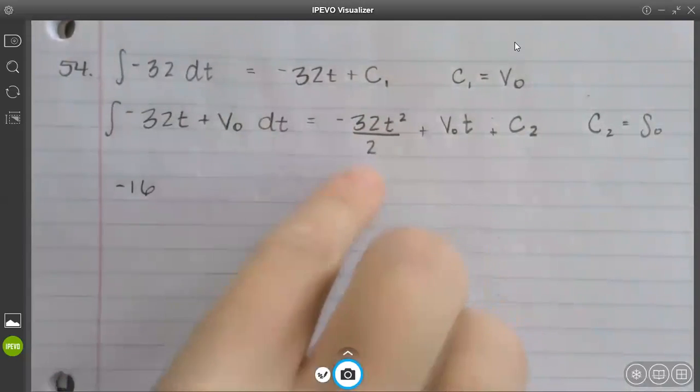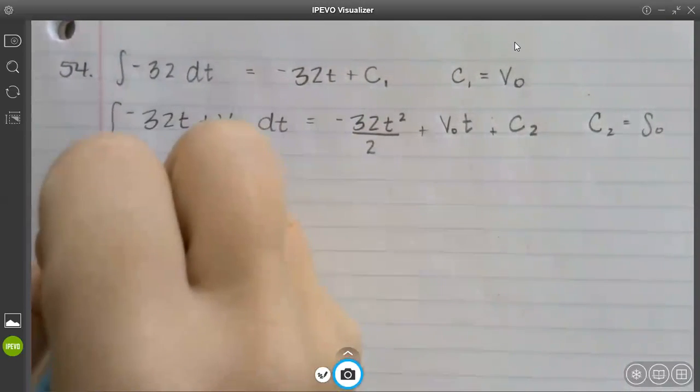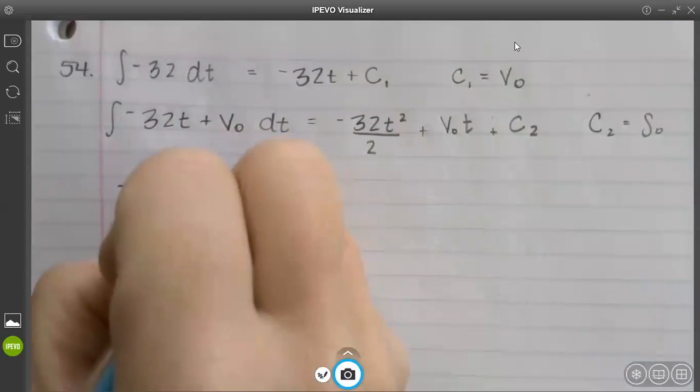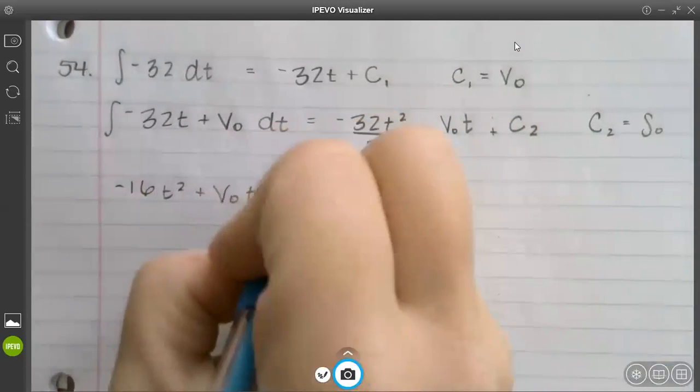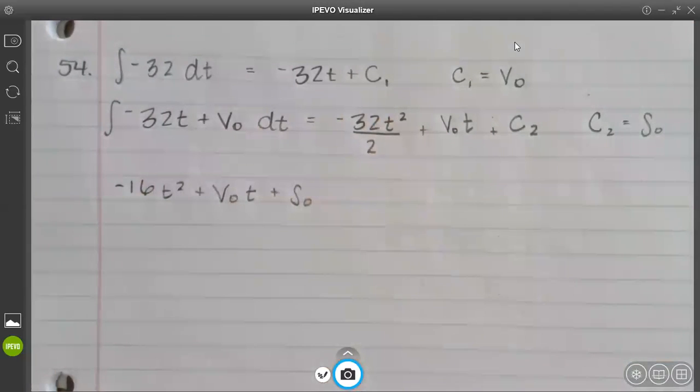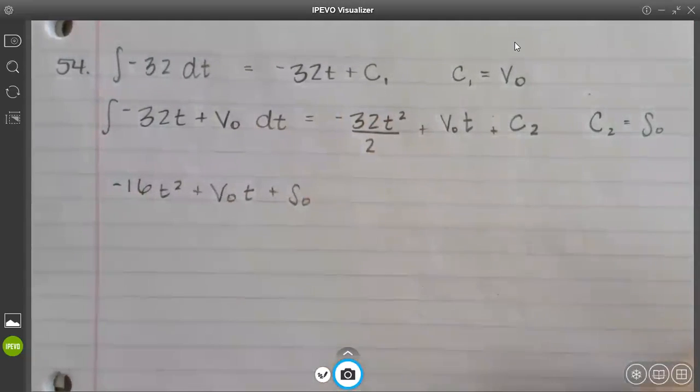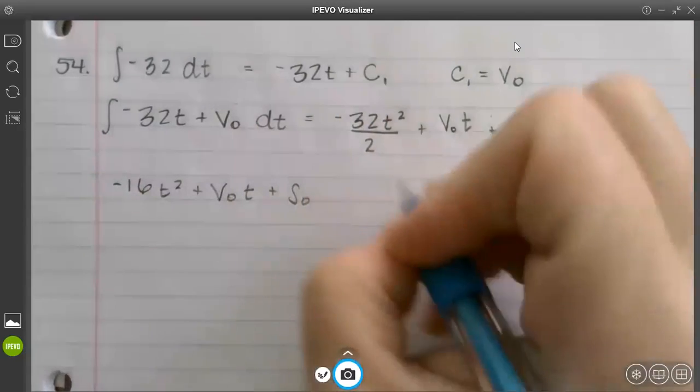So this is the formula you're going to have. Negative 16, because negative 32 divided by 2 is negative 16, t squared plus V sub O t plus S sub O. So then you have to use an equation that you've already had.